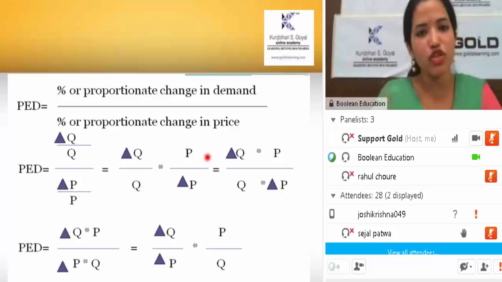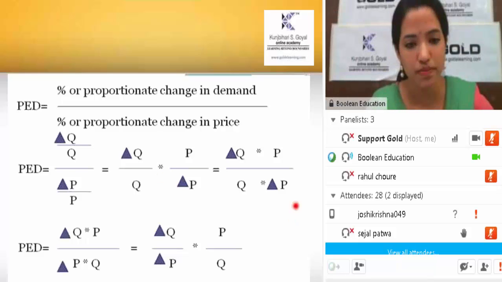This is the only step which you need to remember. बाकी आगे it's nothing, just simplification.